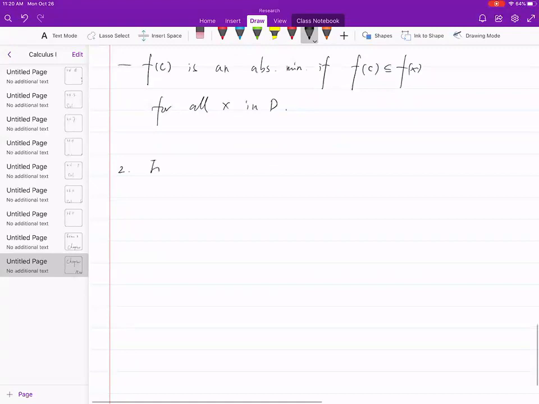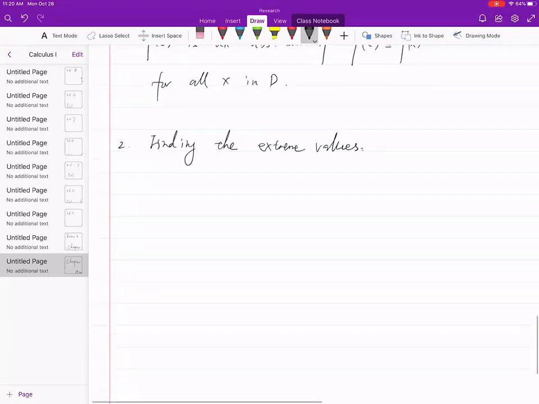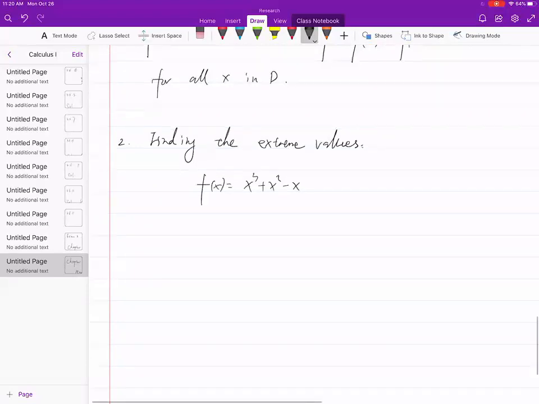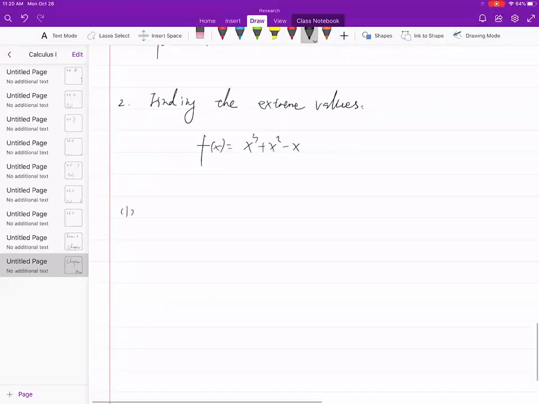All right. Second, how do we find the extreme values? To make it more precise, if I give you a function, how do you find the maximum and minimum? Basically, that's what we're trying to ask. Now we have done this multiple times before.